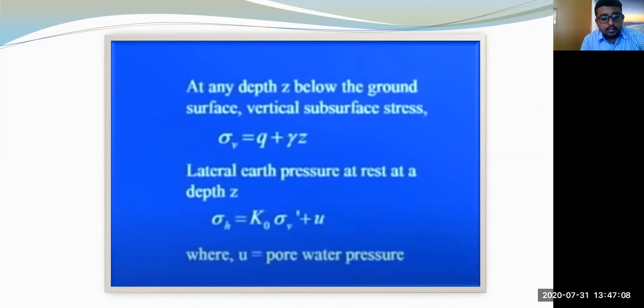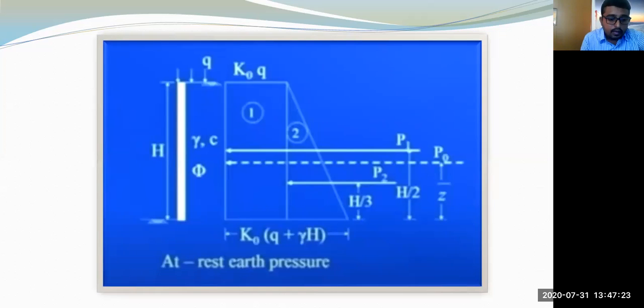Here the total stress will be the sum of effective stress plus the pore water pressure, so mu represents the pore water pressure. Here, in the absence of any water table, just the surcharge has been added to the previous case as discussed earlier. What is going to be the difference?